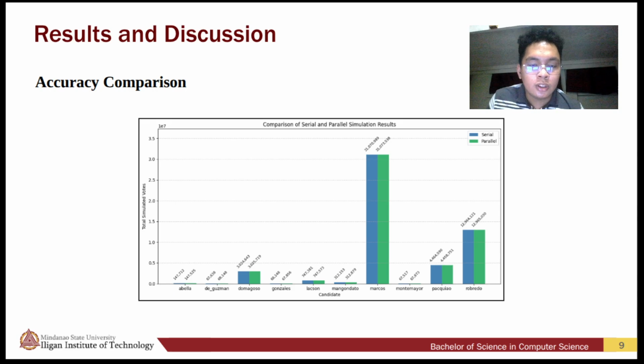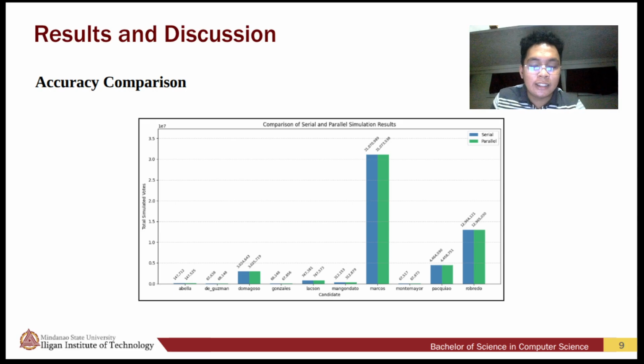Since parallelization is prone to deadlocks and race conditions, I've validated the results by comparing the serialized execution results and the parallelized execution results, which you can see here in the graph are the same.